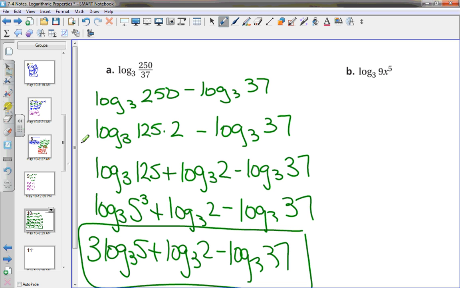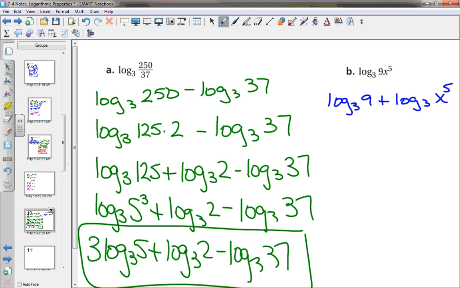How is the 9x to the 5th all attached? By multiplication, which means what? Log base 3 of 9 plus log base 3 of x to the 5th. An alarm should be sounding off in your head. Why? Because of the power. Look at that 9.